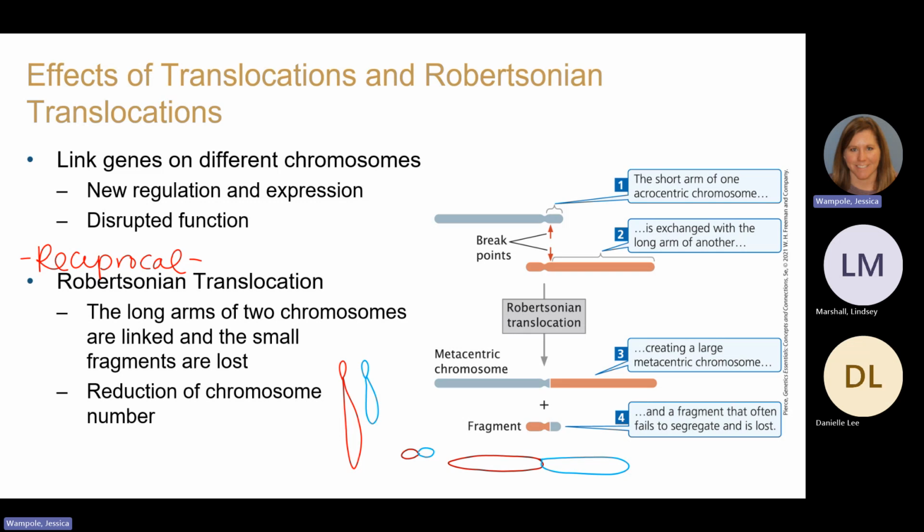And so you end up with this little tiny fragment that still potentially has a centromere, but those little tiny fragments are really easy for the cell to lose. And so with a Robertsonian translocation, sometimes what happens is when you get this reciprocal translocation, you lose part of your chromosome.